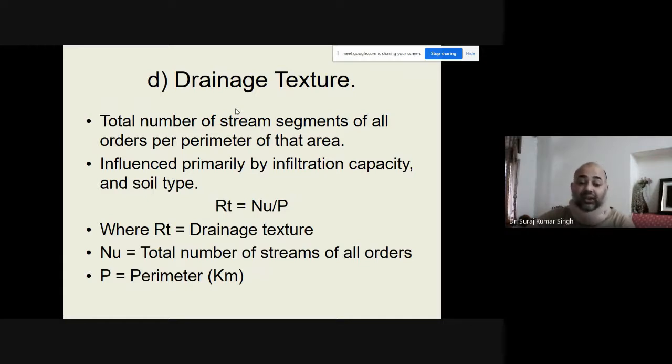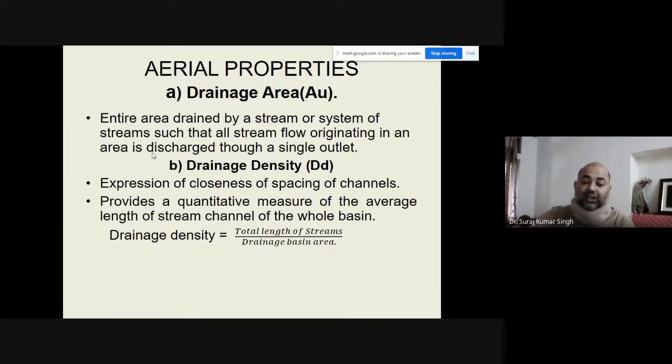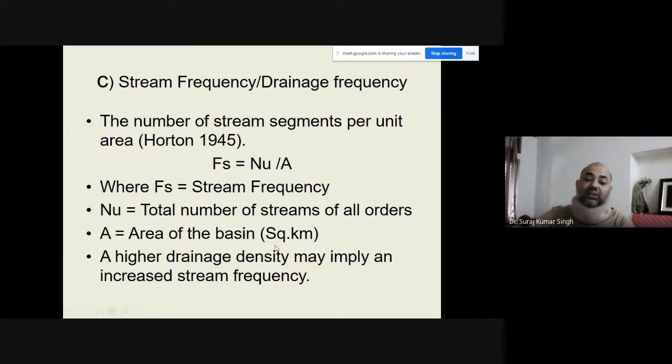So the formula used to calculate the drainage texture is the total number of streams of all orders, means 1, 2 and 3 for the current example, divided by the perimeter, not the area. For drainage frequency we were dividing by the area, for drainage texture we are dividing by the perimeter. Getting it? That is in kilometers, and the previous one was in square kilometers.